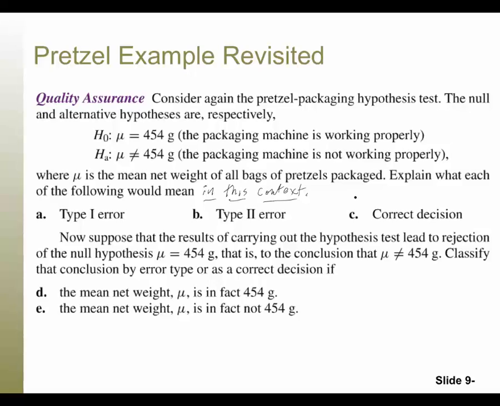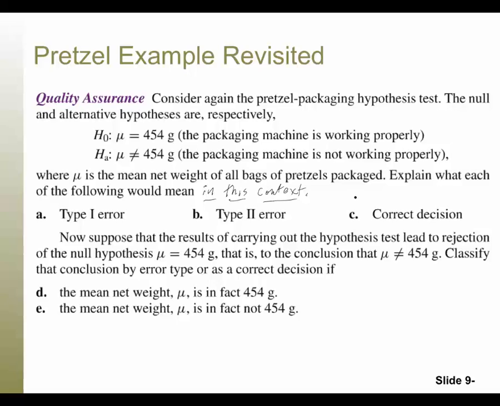If we don't reject the null hypothesis, we're saying what about the pretzels? We think it's 454, or close. Okay. But what was actually true? The truth is that the actual mean, the population mean of the bags, is not 454. That's a type 2 error.